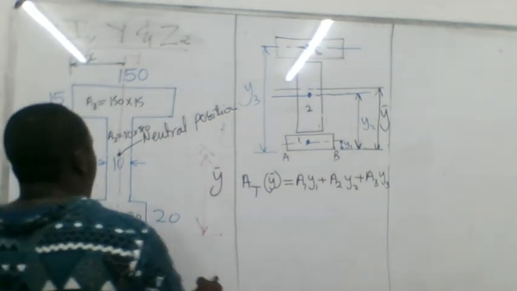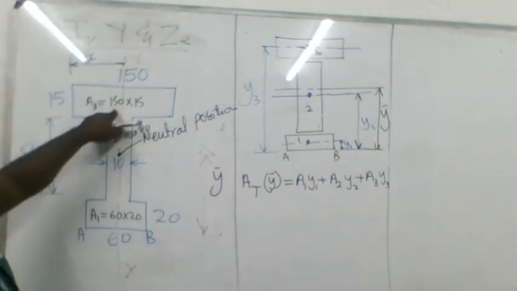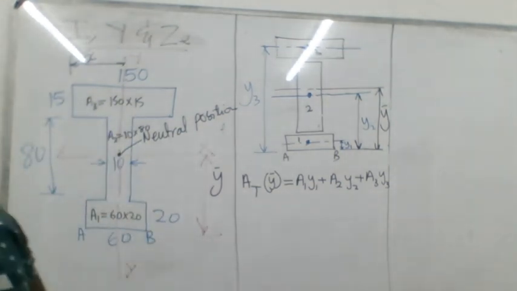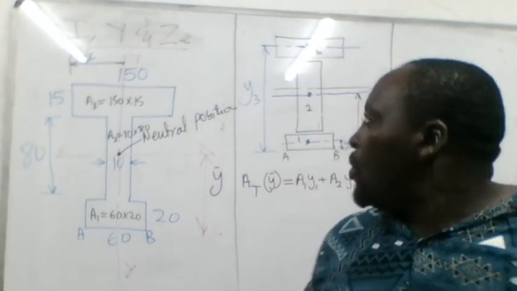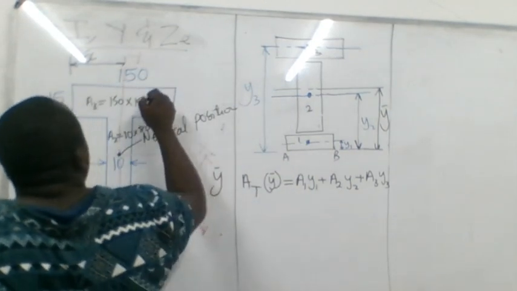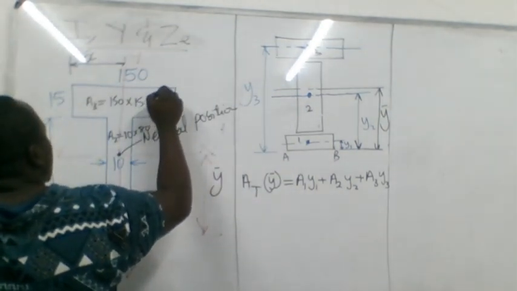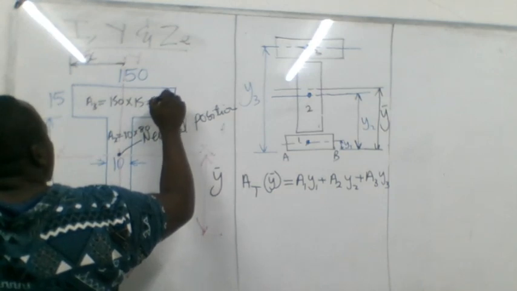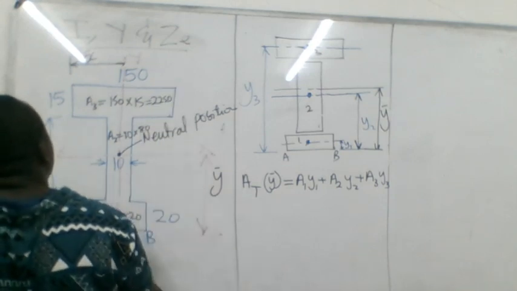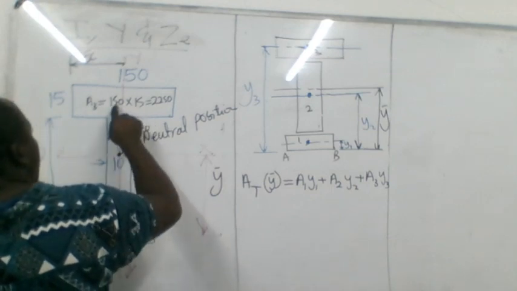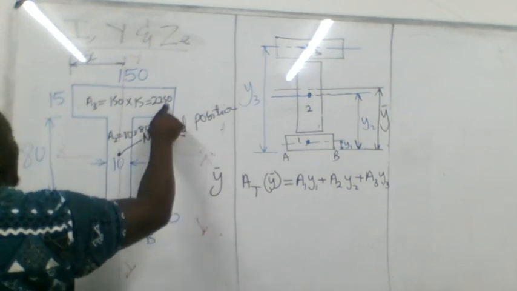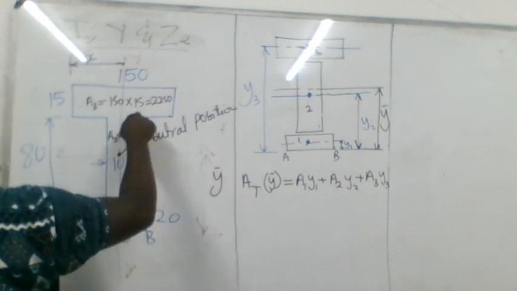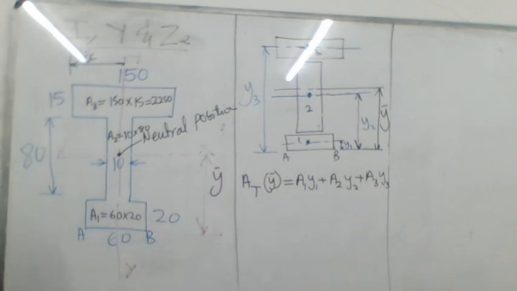Now, when we say total area, what is the answer here? 150 times 15 is 2250. 15 times 5, 75. We write 5, the 0 is already there. 15 times 1, 15 plus 7, 22.